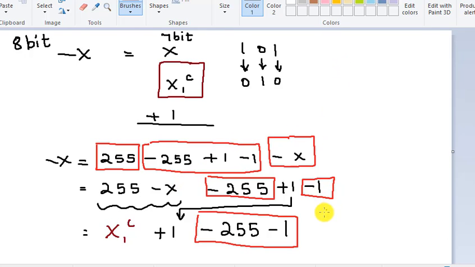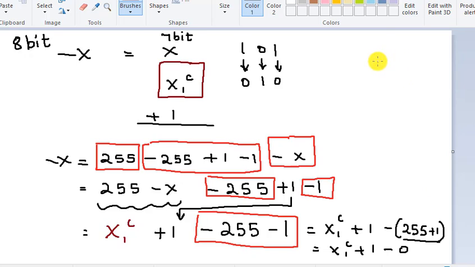So we have, I'm going to take it here. Ones complement of x plus 1, 255 minus 255 is 0, right? We can rearrange that. So that gives you ones complement of x plus 1, and this is 0.